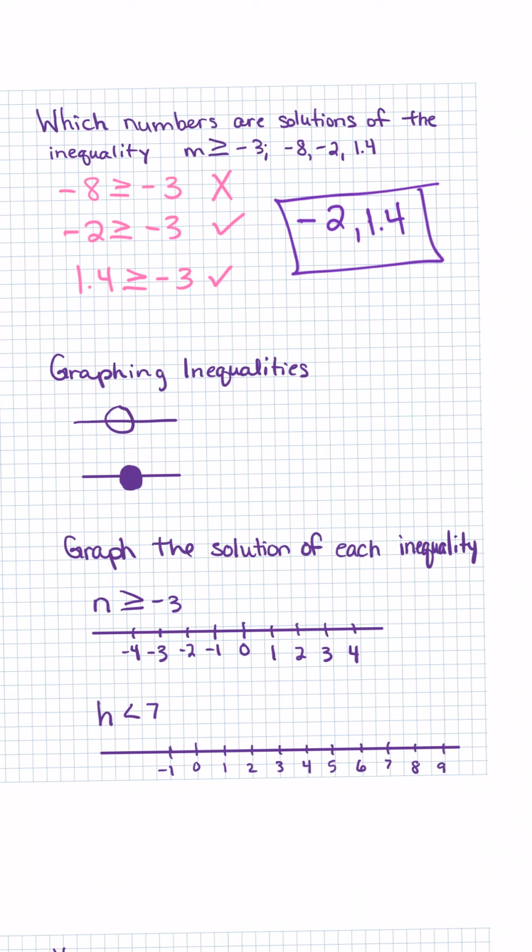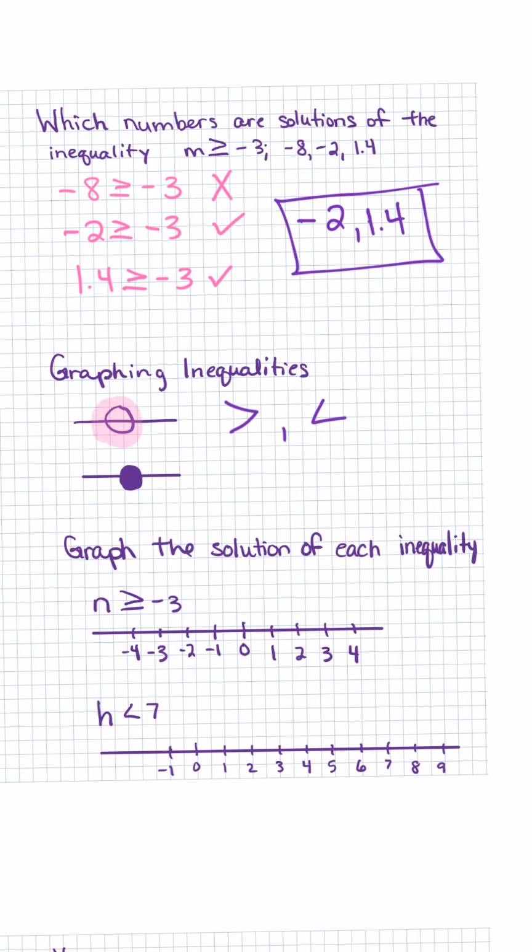So when you graph an inequality, there are two different ways that you want to make the dot as to where the answer lies. If it just has a greater than or less than, it is an open circle.